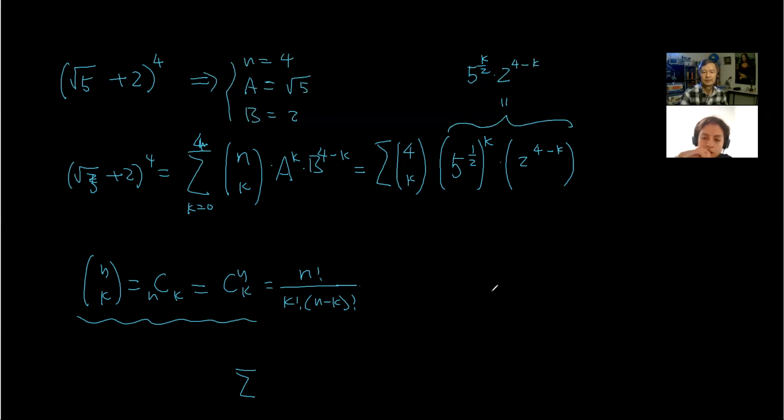You want to do that? Yes. Can we say k equal to 0? What would k equal to 0 be? 4 choose 0, multiplied by 5 to the power 0. This is the general term. And to the power of 4. That's the first term.